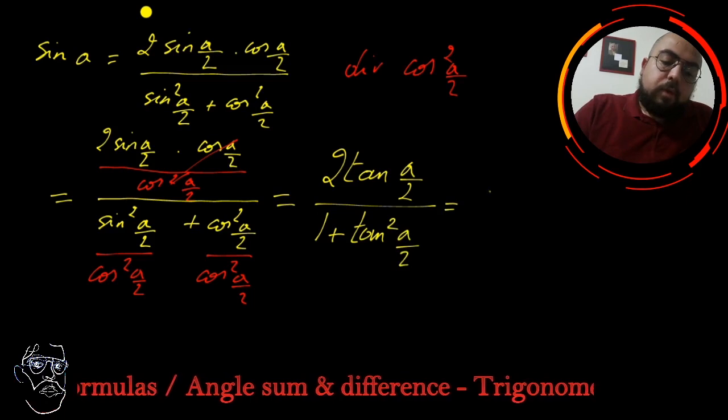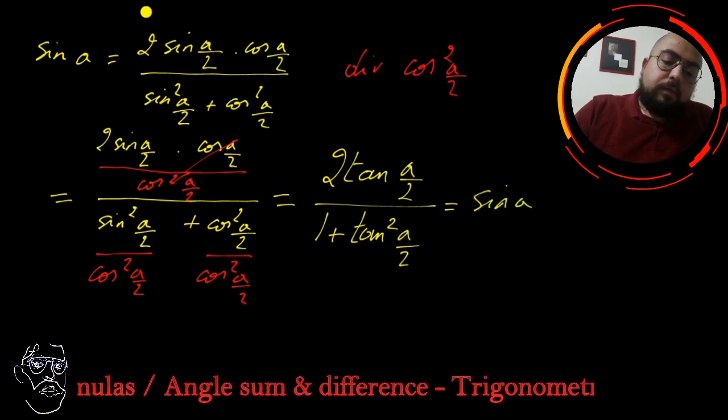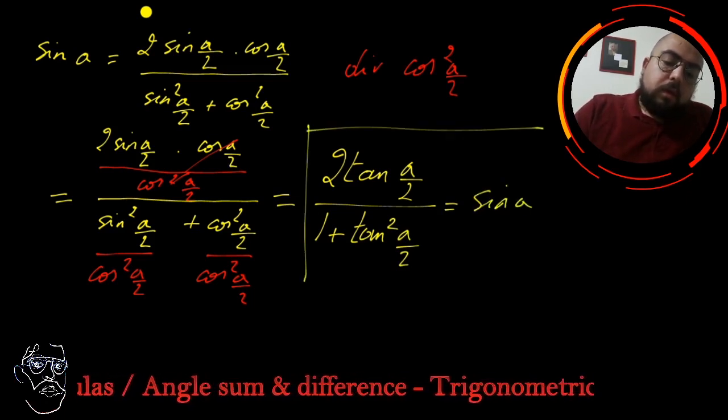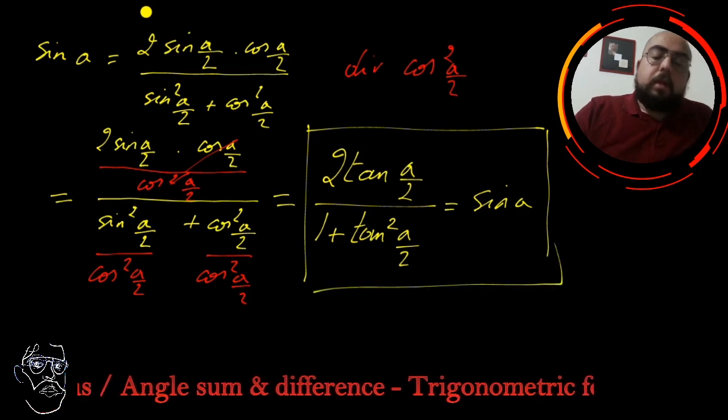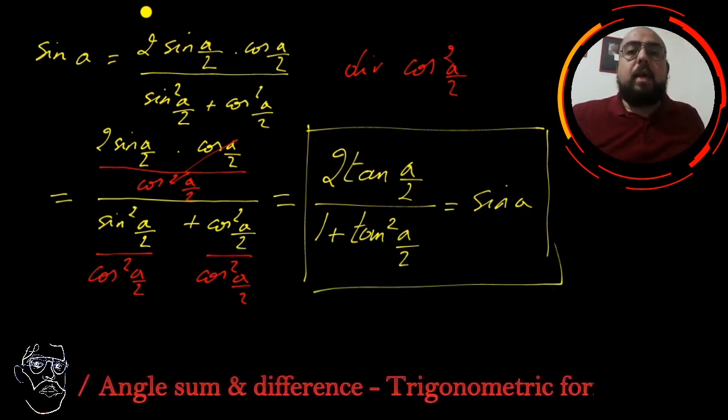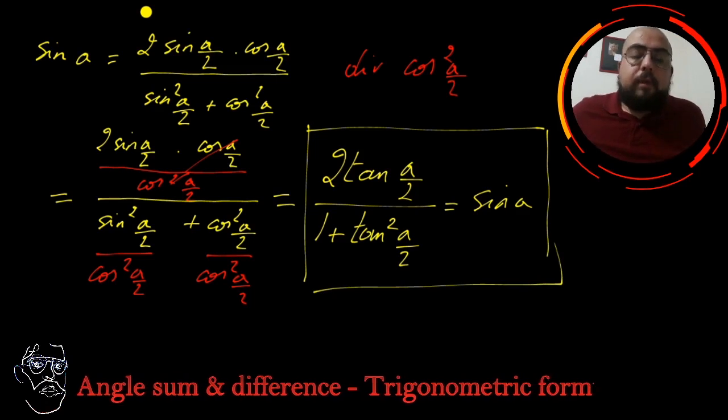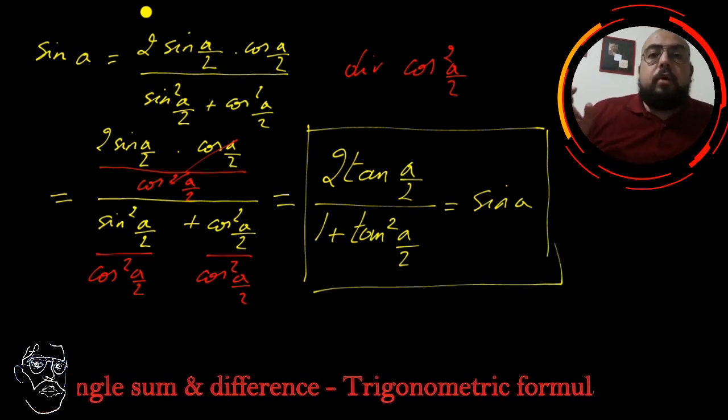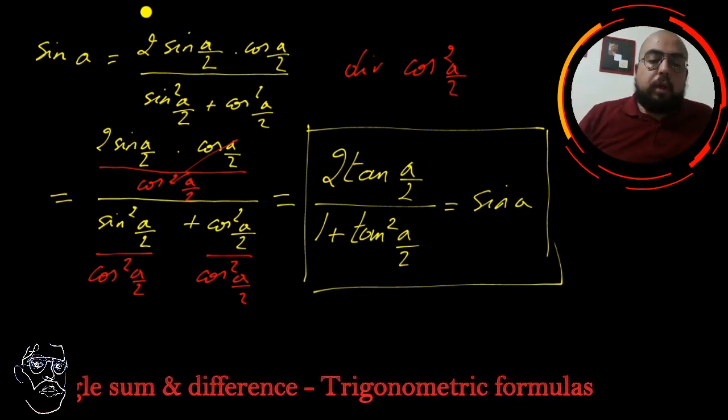So this is the formula for sine a. This is a formula that you can use directly between the angle a and the half angle a over 2 by using sine and tangent only.